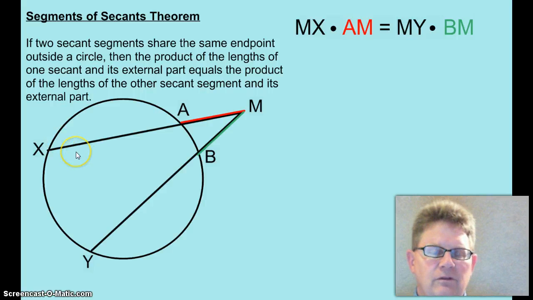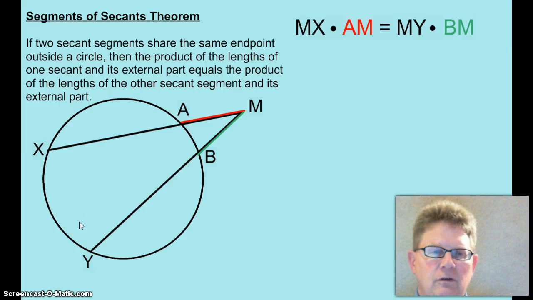Okay, segments of secants. Go ahead and write that theorem down in words, and then I'll explain it with colors and everything. So go ahead and pause it. Alright, welcome back.